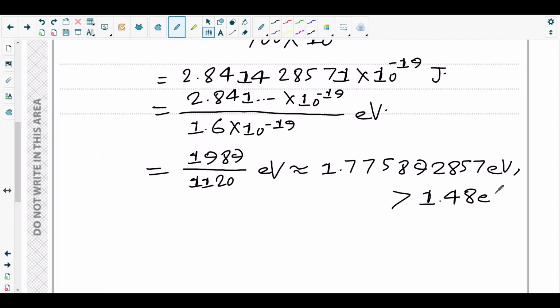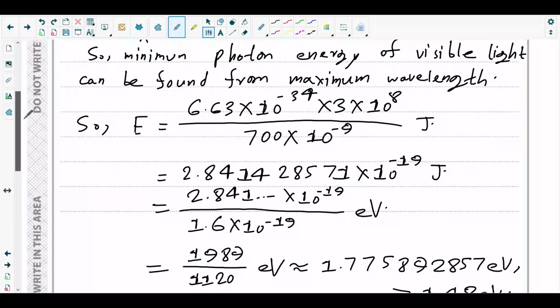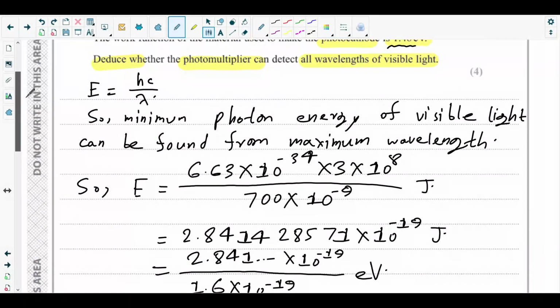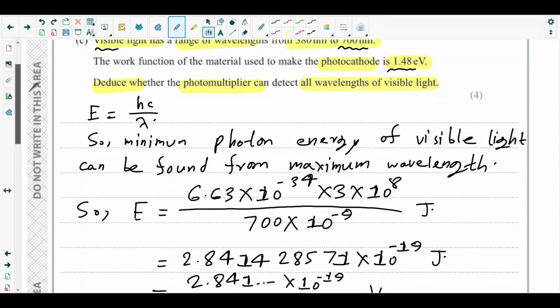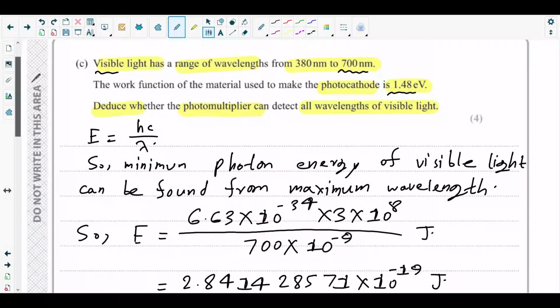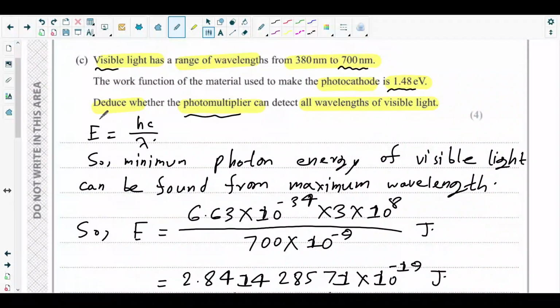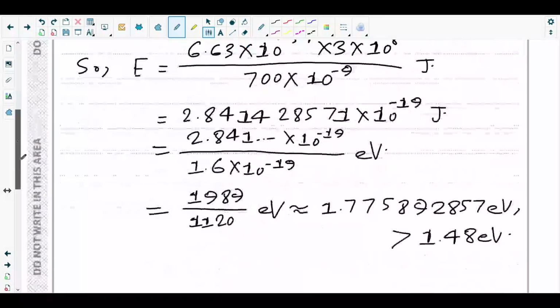So the minimum possible photon energy is greater than 1.48 electron volt, the work function of the material. That means the photomultiplier can detect all wavelengths of visible light.